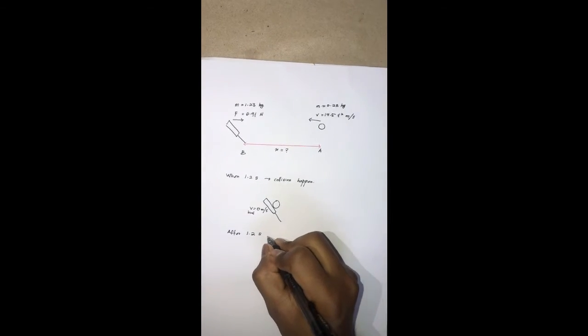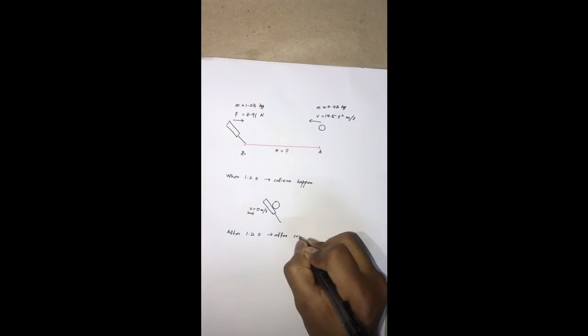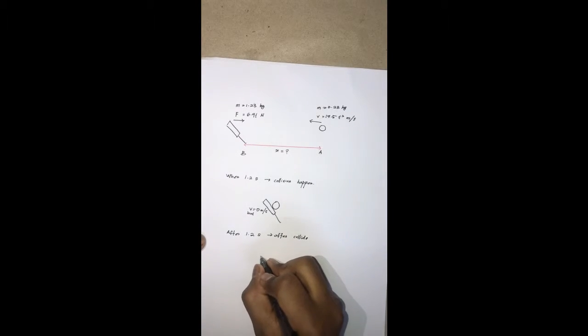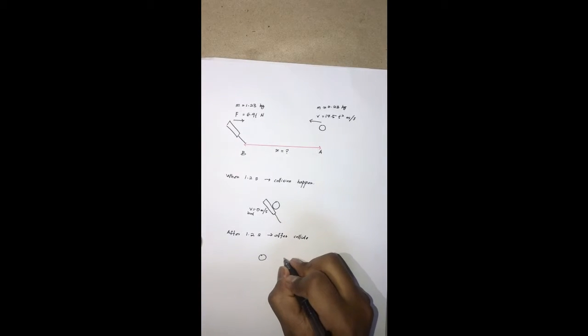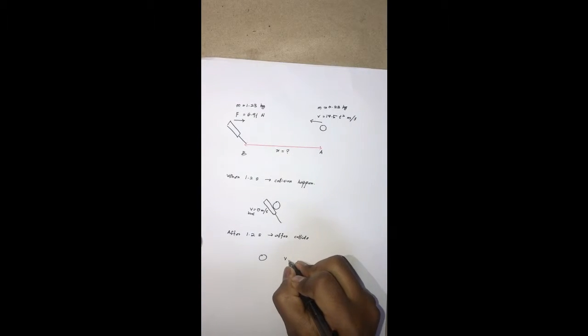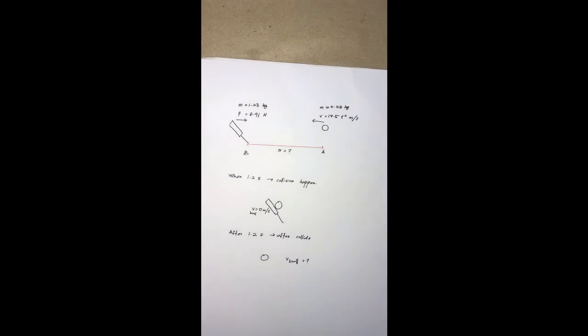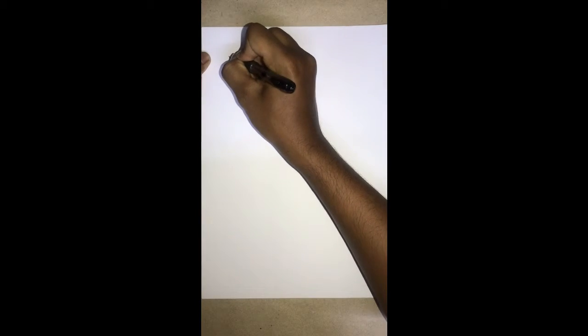After 1.2 seconds, we observe that the ball continues to travel. So the first question is to find the distance traveled by the ball after 1.2 seconds.